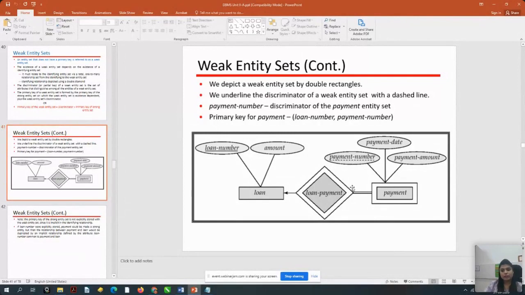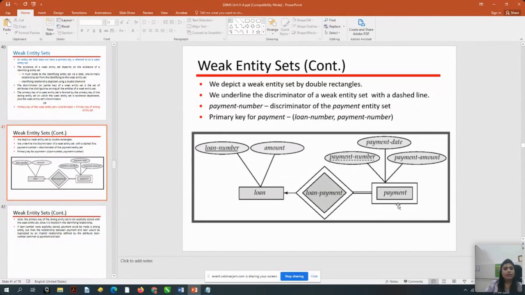Okay, so in this example, payment number, in this particular payment table, uniquely identifies this payment table. Okay, with payment number, for this particular table it is unique, but you cannot merge these two tables. So this payment number is the discriminator.